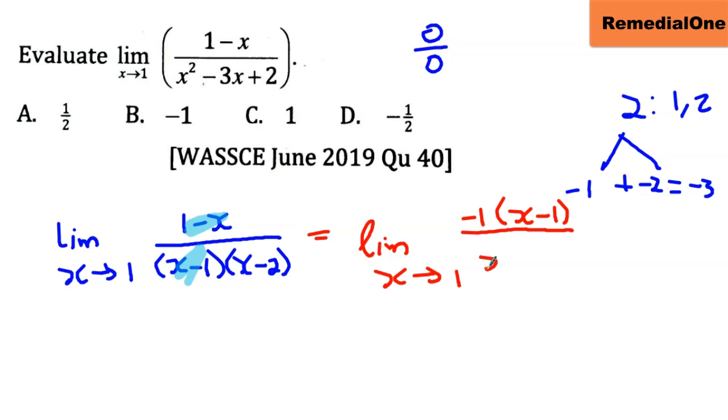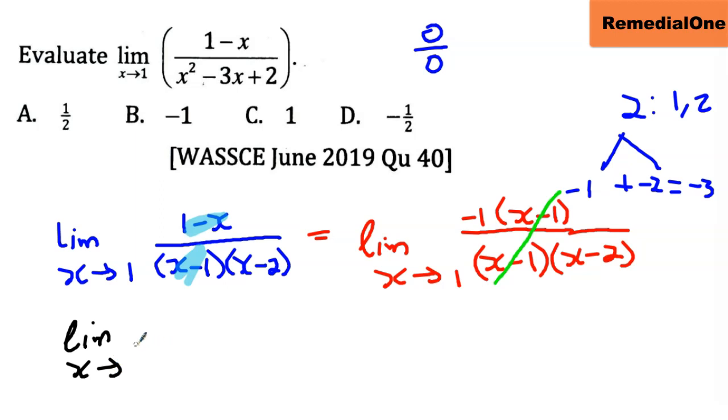And then here x minus 1 times x minus 2. If that is the case, this is a like term, so they cancel out, they turn into 1. So now we have the limit as x approaches 1 of -1 over x minus 2.